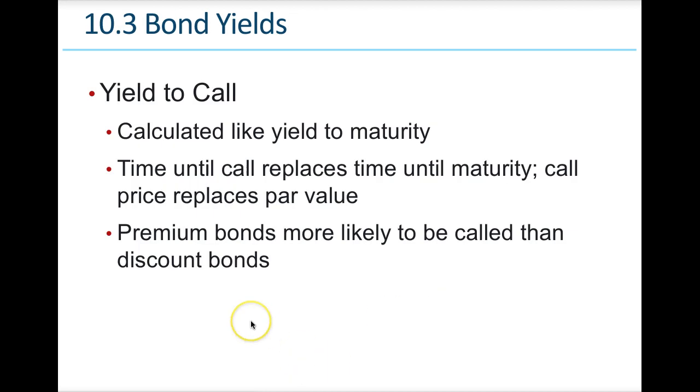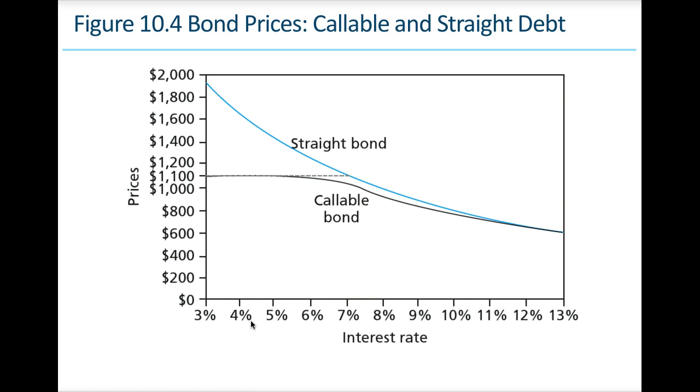So yield to call. This would be calculated like a yield to maturity, but we're going to use the call time to replace the maturity. It's basically saying, if there's going to be a call in place, what is going to be the yield to that call? Premium bonds are more likely to be called than discount bonds because there's an advantage to the corporation in doing that.